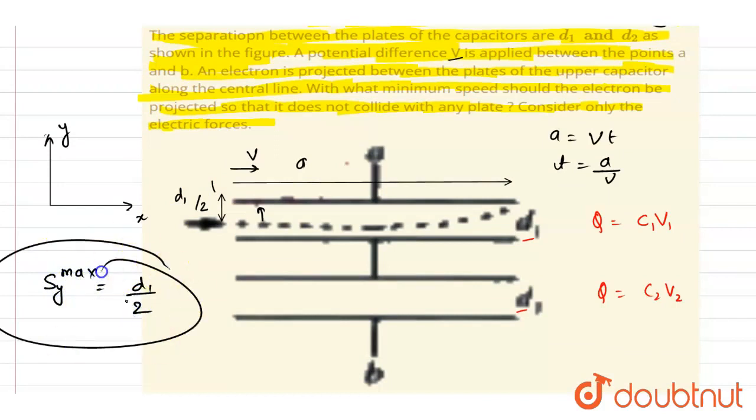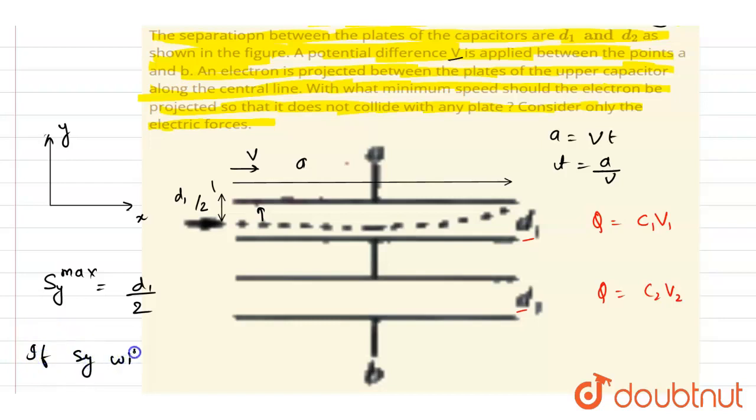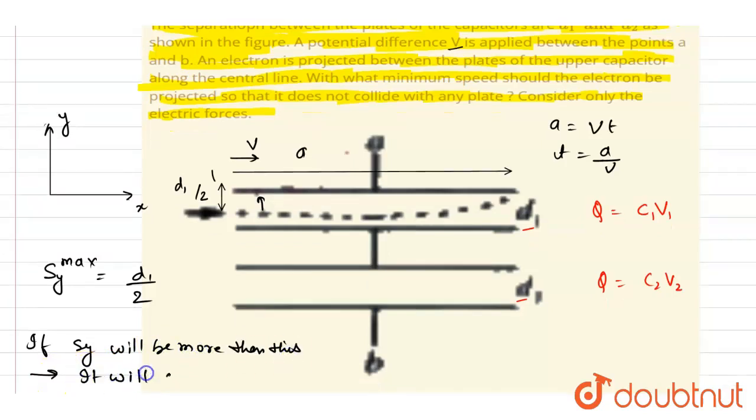If it travels more than this, then it will strike, right? So if sy is more than this, it will collide. Now you can just put the value.